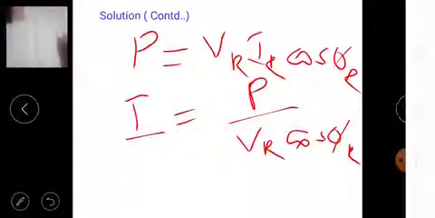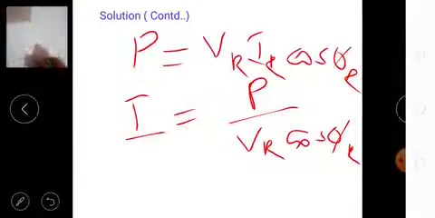We know the value of P and cos phi r, but we don't know the value of VR, so we write I in terms of VR. The power per phase is 1200 kilowatts, that is 1200 into 1000, divided by VR and the power factor 0.8, which gives 150 into 10 power of 5 by VR. So I is equal to 150 into 10 power of 5 by VR.